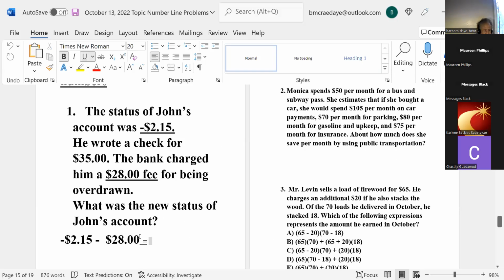No, 36? Nope. Nope. I'm wrong. Add the negatives. What do you get? Add. 30.15. Minus $30.15.